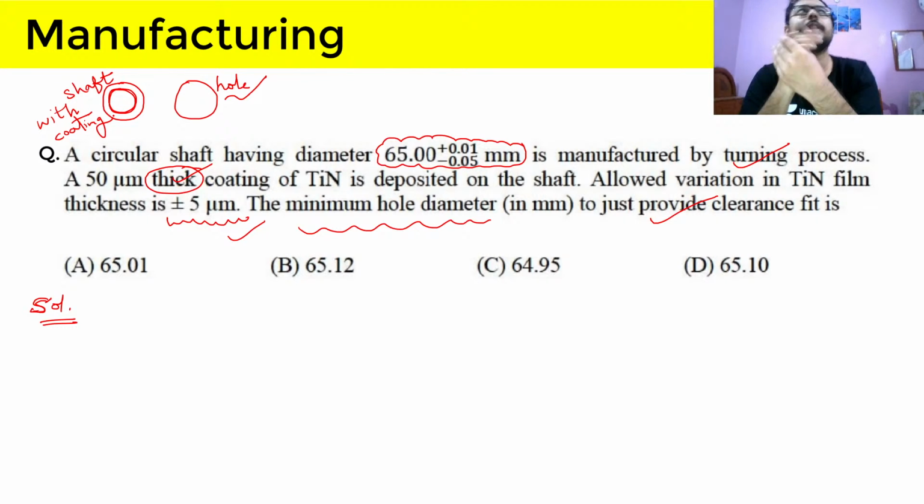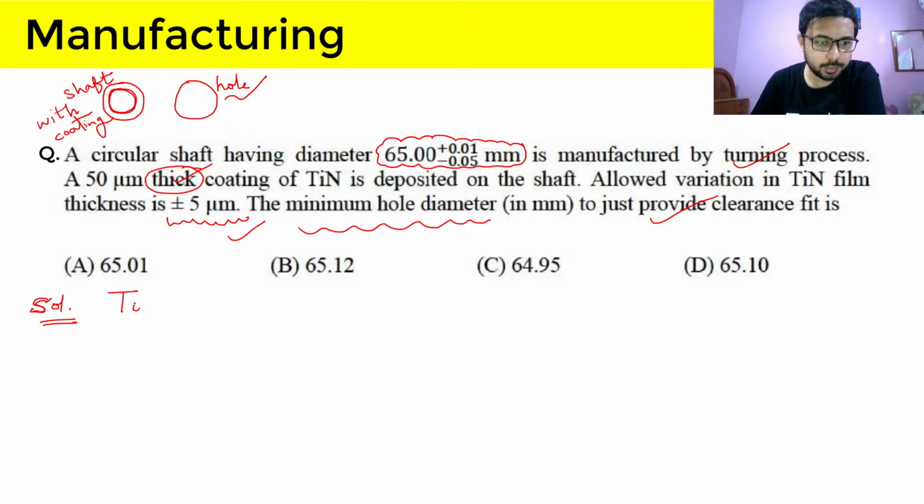If you are asked that you have to provide clearance, then the question definitely involves a shaft and a hole. So here the shaft values are given, along with a coating value, and we have to find the minimum diameter of the hole.